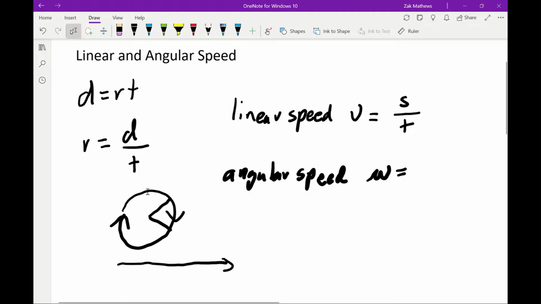If we're thinking about the angle, it is the theta, and we're going to divide by time. So these are the two formulas that we need to be using, but it really is just the same formula you've known for a very, very long time. Just this d, we're defining in one of two ways: the actual distance traveled, the arc, or the angle traveled, the theta.